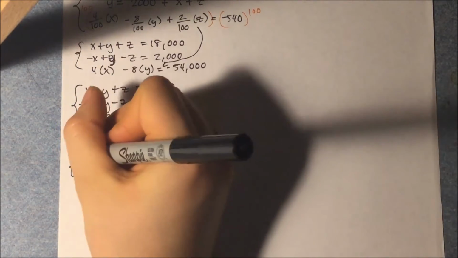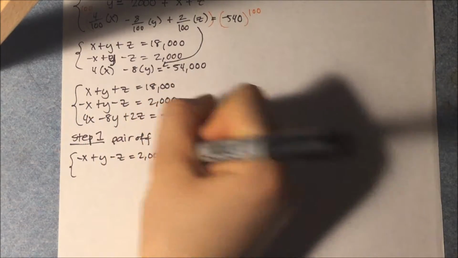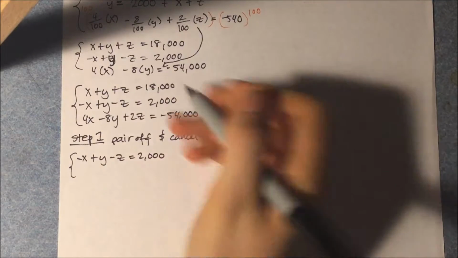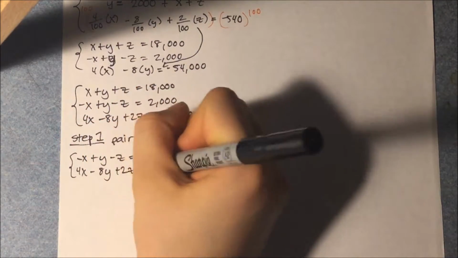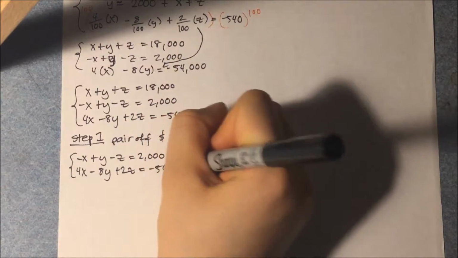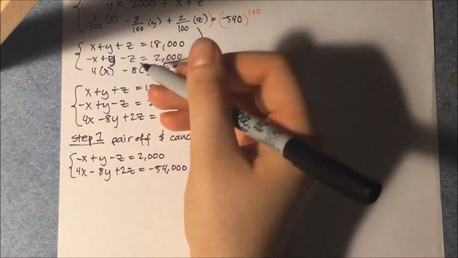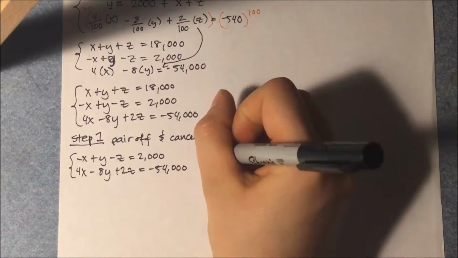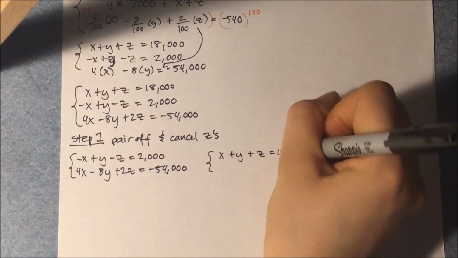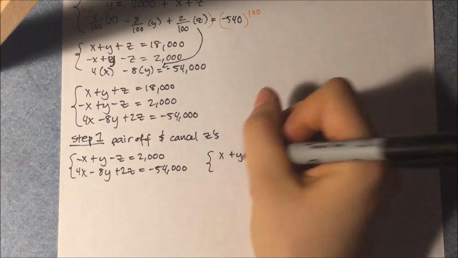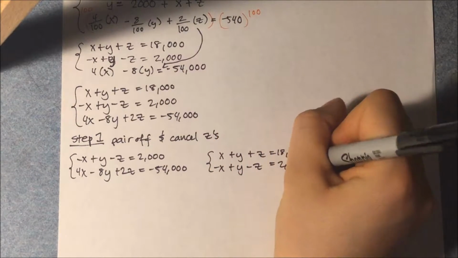So using the top one, I get minus x plus y minus z equals 2,000, and I'll pair that with this equation, 4x minus 8y plus 2z equals negative 54,000. And then I will pair this one with the top equation: x plus y plus z equals 18,000 and negative x plus y minus z equals 2,000.